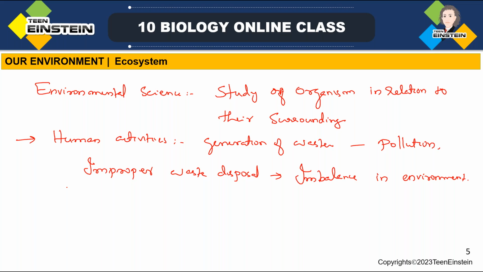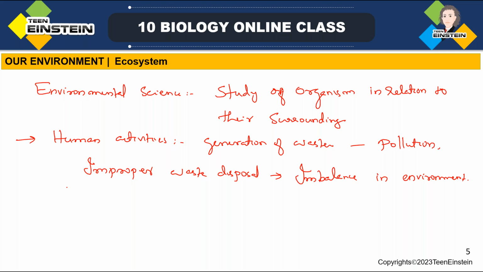Our vision should be long: in the next 10 years, what will happen if you are throwing this garbage daily into that pond or lake or nearby surroundings? It will be dumped there. It will not get decomposed. So who is going to be affected? We or our next generation, they will get those harmful effects, right? So in that way we should think.